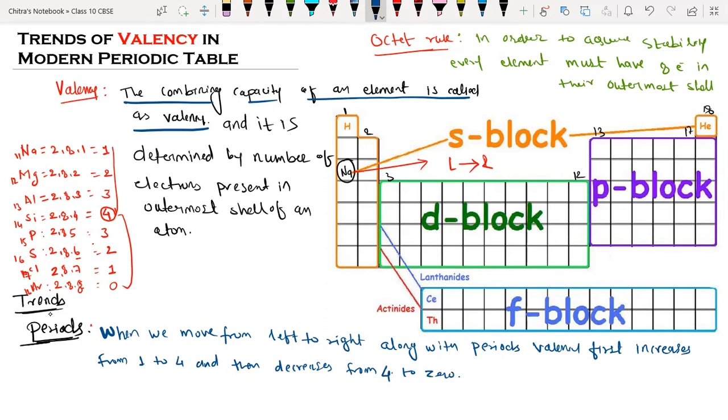So this is the trend of valency in periods. Understood, everyone?